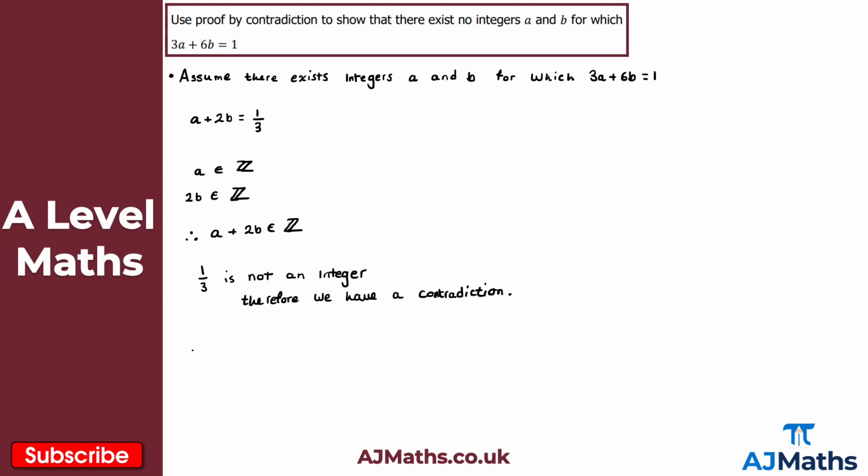So therefore, there exist no integers a and b for which 3a plus 6b equals 1, by contradiction.